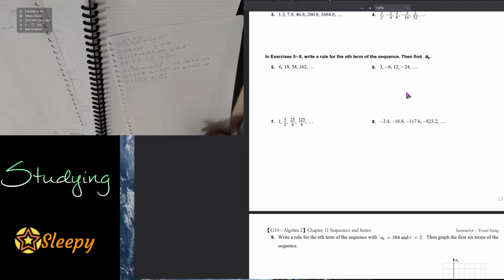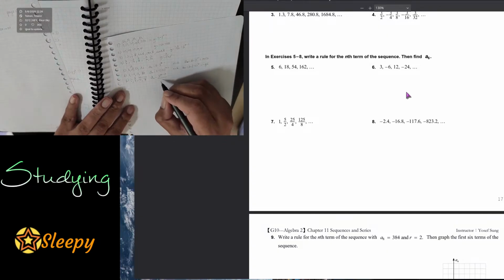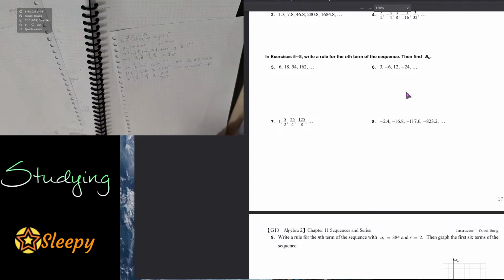Those are powers of 2. So also 2, and again to the power of n minus 1. Okay.